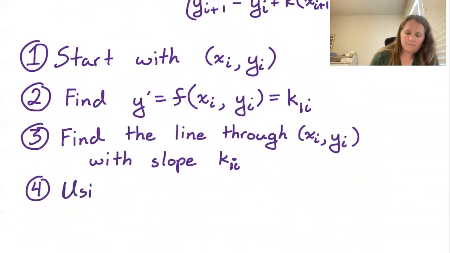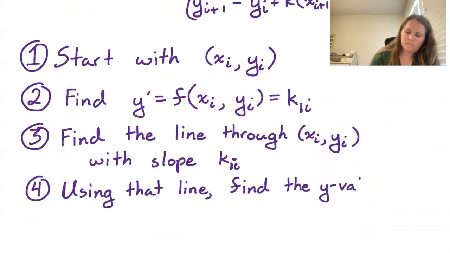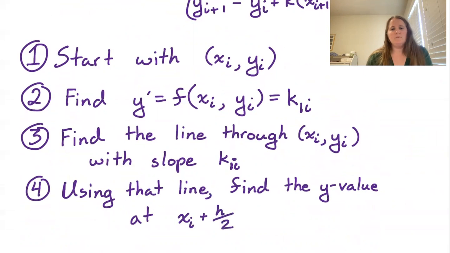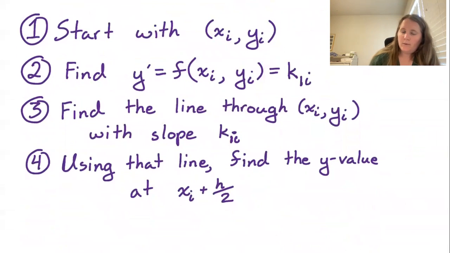Using that line, find the y value at xi plus h over 2. I'm going to call the x value, sorry, we'll call the x value x2i because we're at the second point.